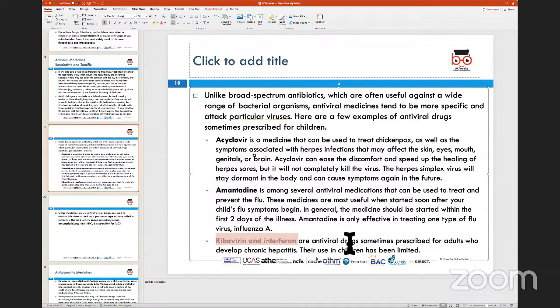Now, one of the viral infections which affects humans, and generally children quite often, is what we know as chickenpox. Everybody has probably had chickenpox at some age during their childhood, a herpes virus.